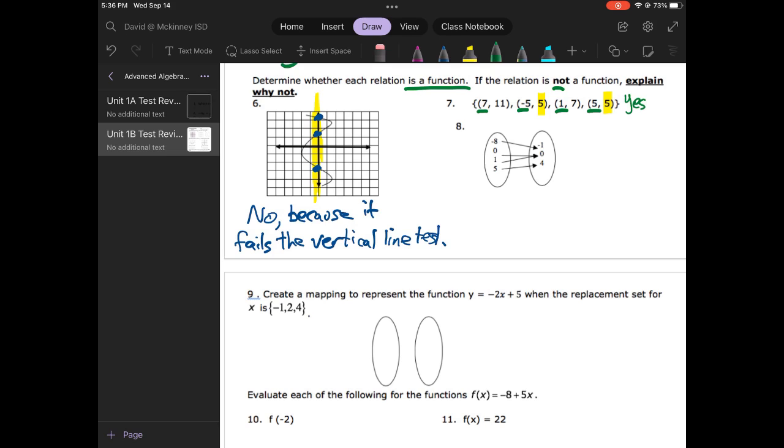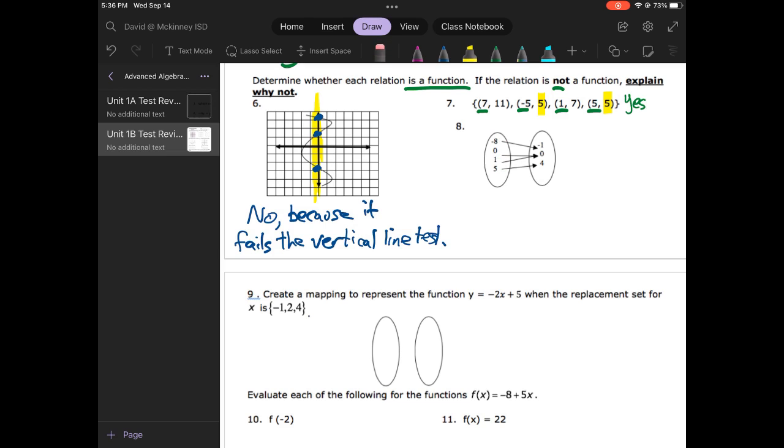On number 8, I have a mapping, and I have a similar situation here. I simply can't have an x value that is pointing towards more than one y value. But I don't. I have one arrow coming from each particular value of x. It's okay that 0 and 1 in my x column point towards the same y value.